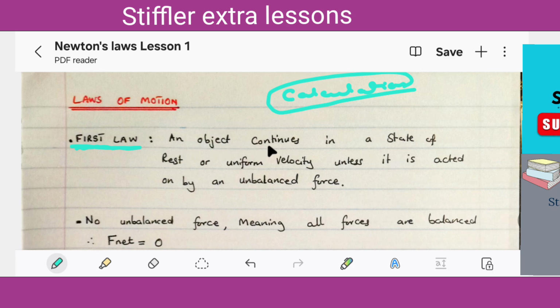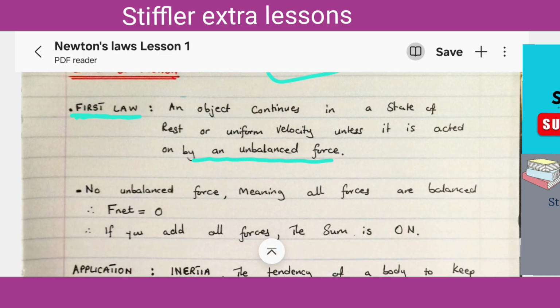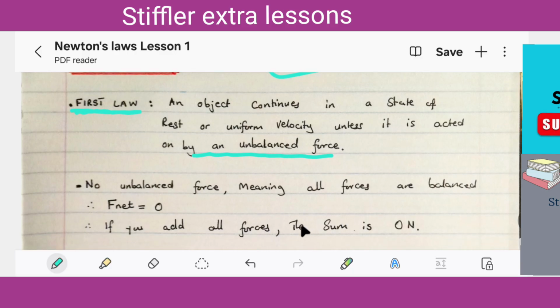An object continues in a state of rest or uniform velocity unless it is acted on by an unbalanced force. So it means that in this situation, this object is not having any unbalanced force. All the forces are balanced. What does it mean when they say all the forces are balanced?